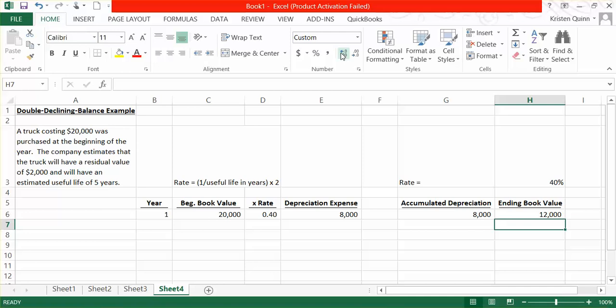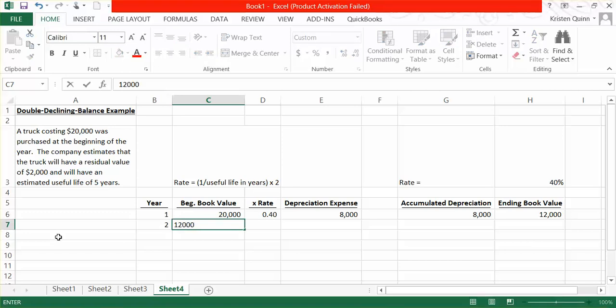So our ending book value is $12,000. Ending book value from one year becomes beginning book value for the next. So at the start of year 2, our beginning book value is $12,000.